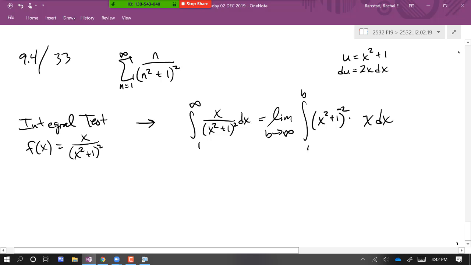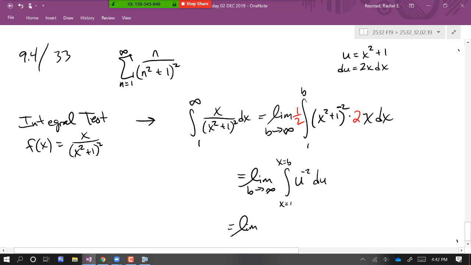So I put a 1/2 out in front. Yeah, so we throw a 2 in here and then a 1/2. And now it's u to the negative 2, over 2 du. And so that's a negative 1 over u when you integrate it. Oh, I lost the 1/2. So 1/2 times negative 1 over u.